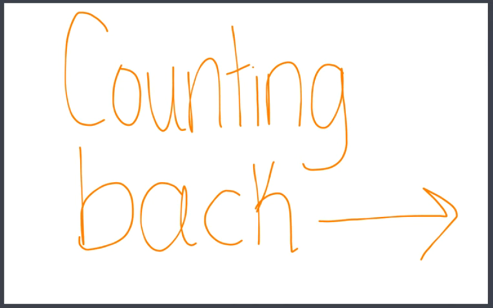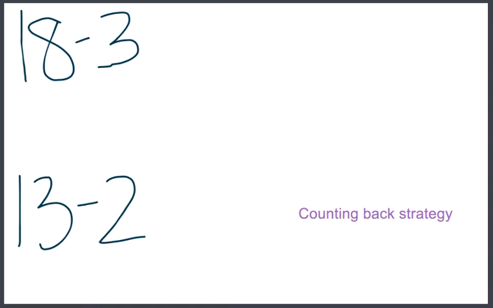Now, let's talk about the counting back strategy. This is another one I really like. So, when is it easier to use the counting back strategy? Well, when the number you subtract is small. It is easy to count back.